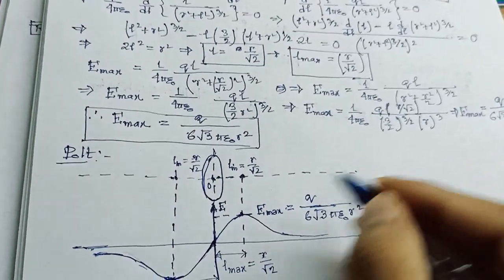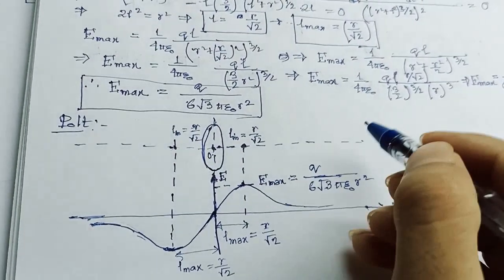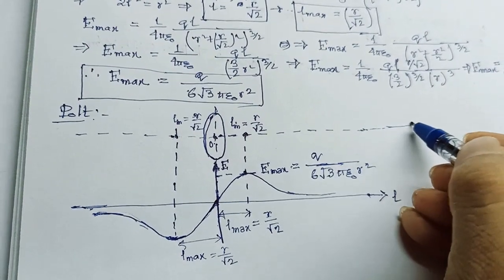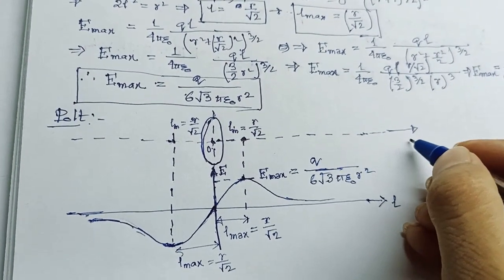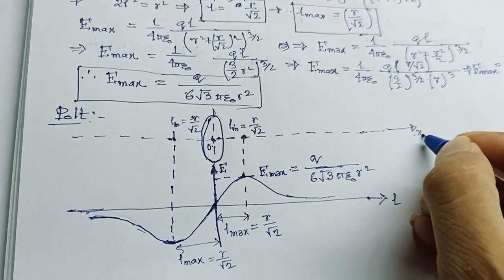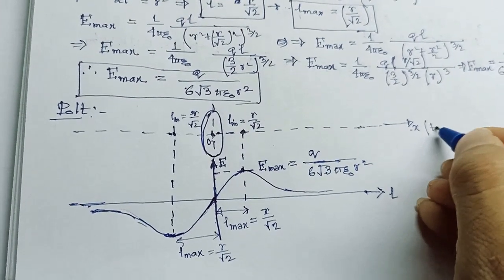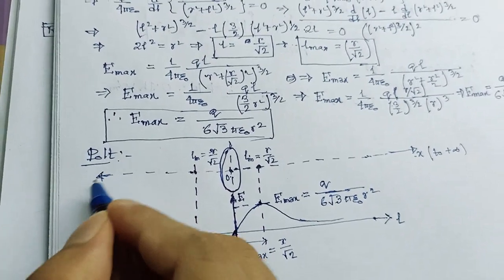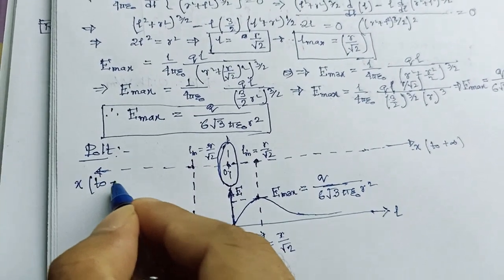And this is 0, the origin of our electric field, and it goes in the positive direction. This is the positive direction of x, and it goes to plus infinity, and in the opposite direction it goes to minus infinity.